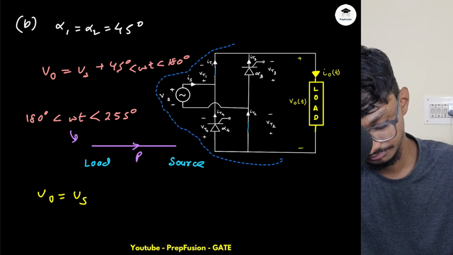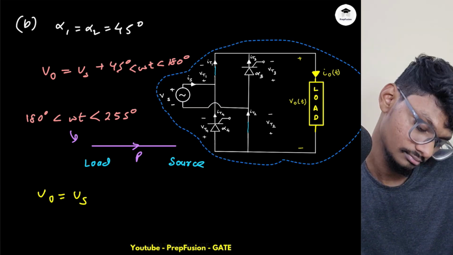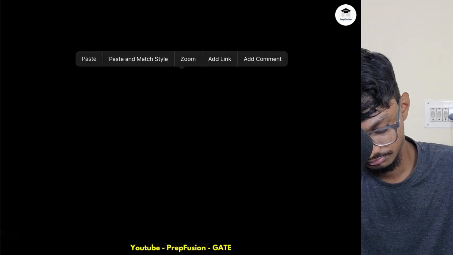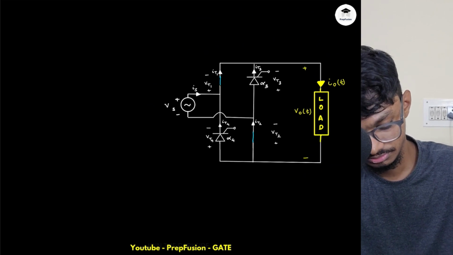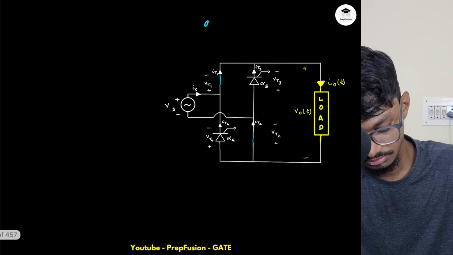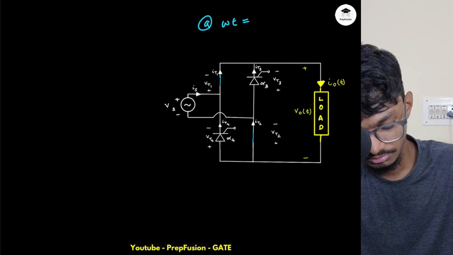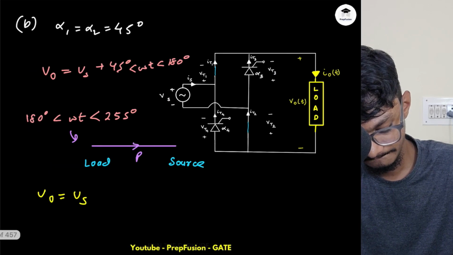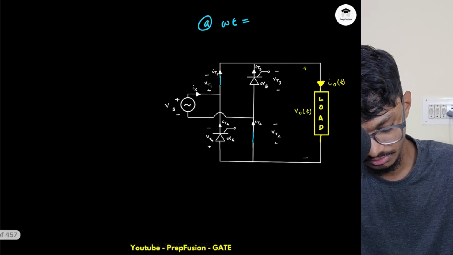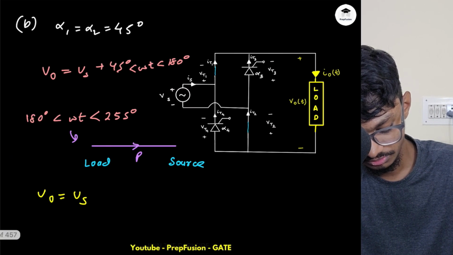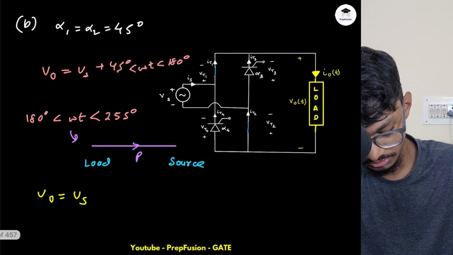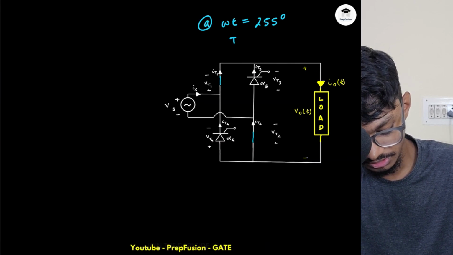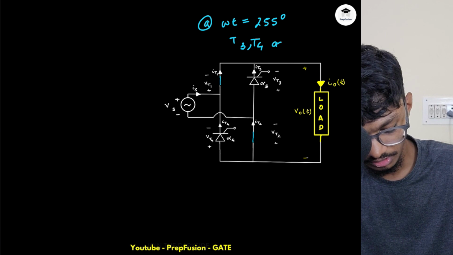So let's copy them. So at omega t equals 255 degrees, T3 and T4 are triggered.